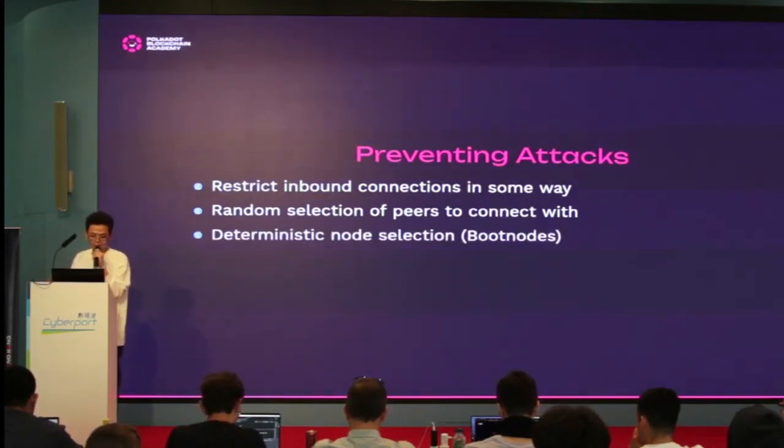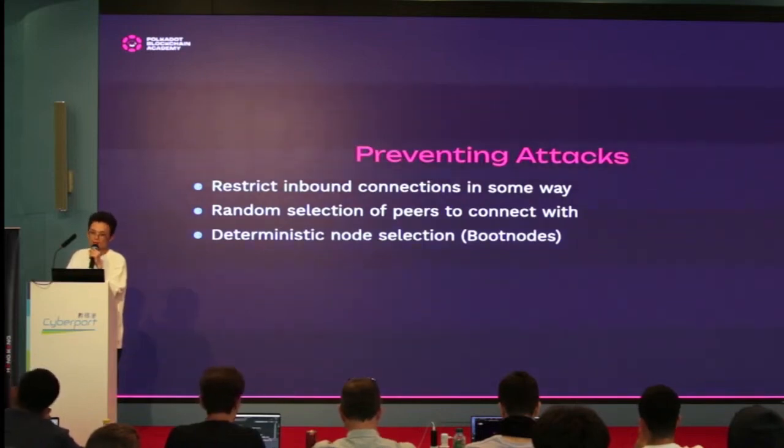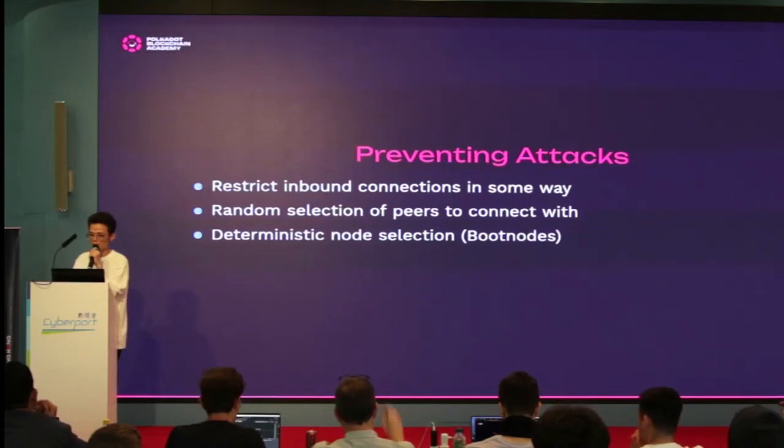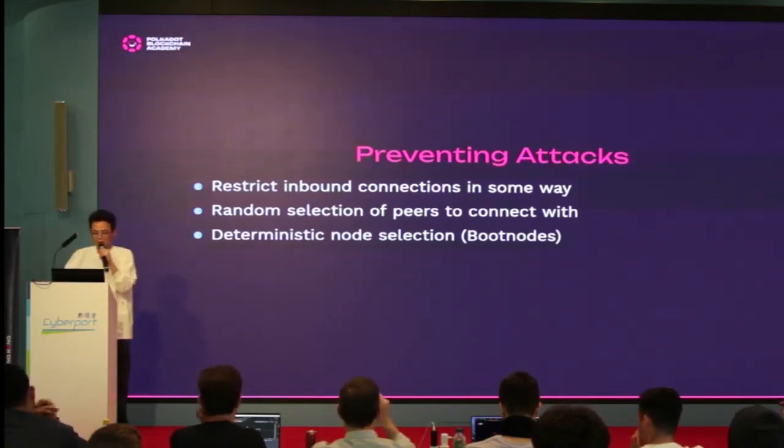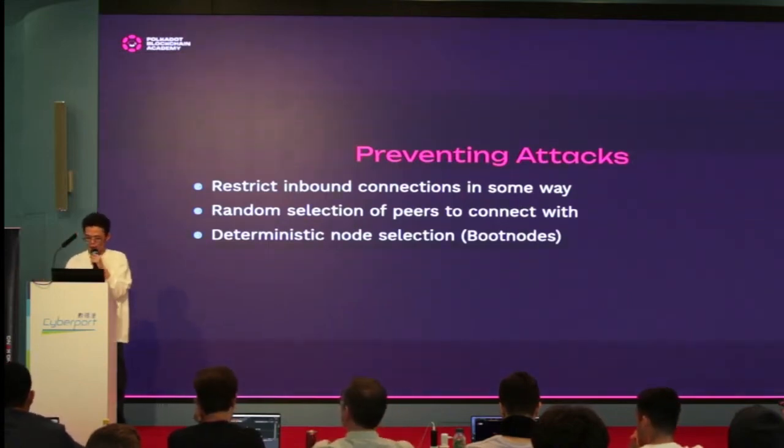And there can be some deterministic node selection. The peers I am initially connected to can be nodes with very good reputation, like the nodes written into the Bitcoin software. So some very famous nodes.